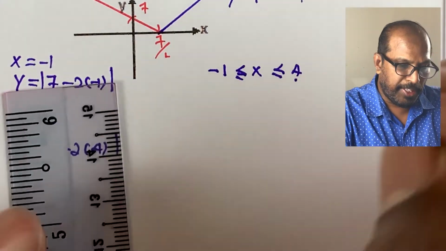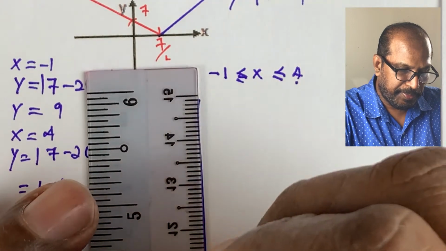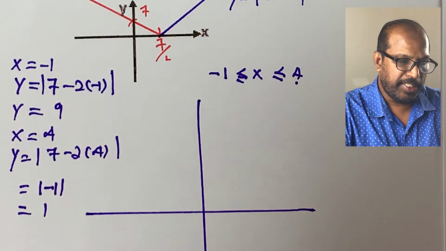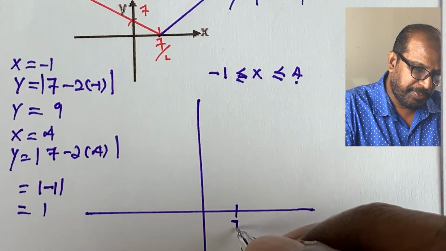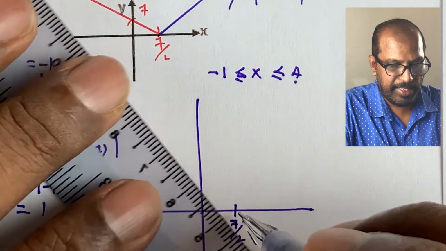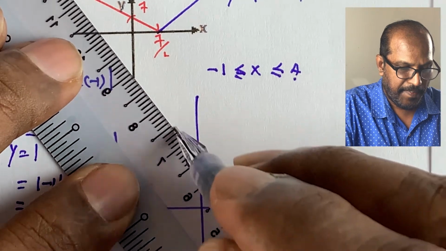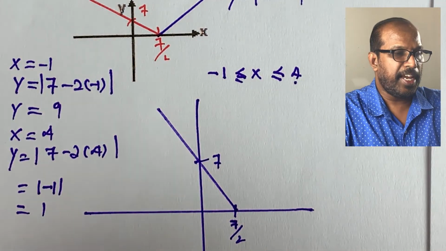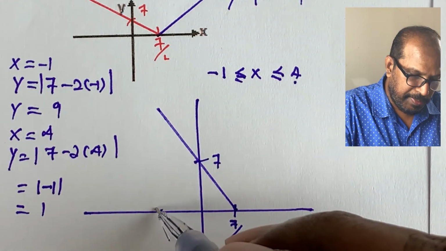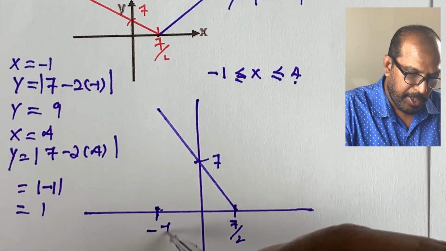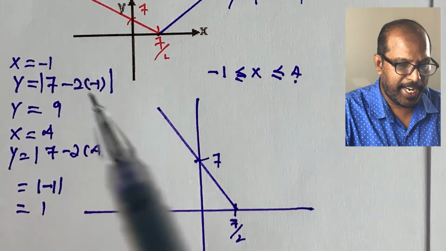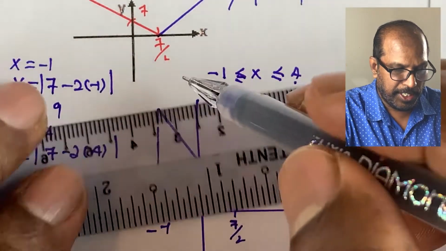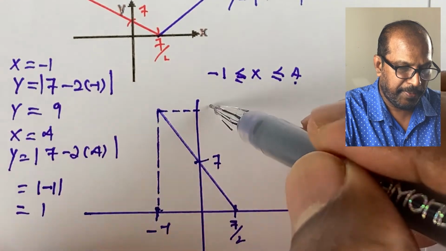Now I need to plot the graph accordingly. See, this is 7 over 2. This is the graph. This is 7. And when x equals -1 is here. When you take -1, you get 9, that means the graph stops at 9. So this value will be 9.